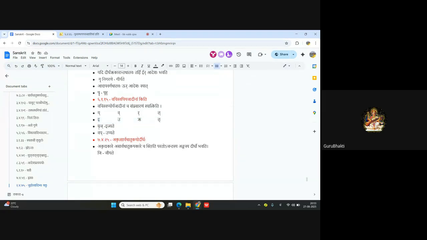Yaj is there. Yakara is getting samprasaranam, so yakara should be replaced by ikara. Vakara is getting samprasaranam, so it is replaced by ukara. Like that, in this Rachnanuvada Kaumudi, the other forms are also given for rukara.